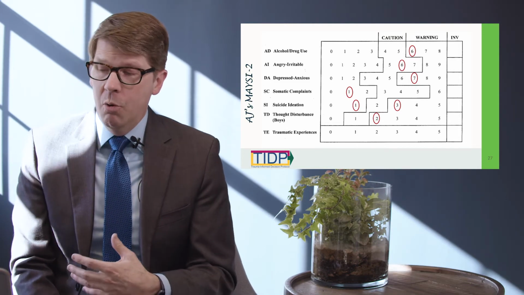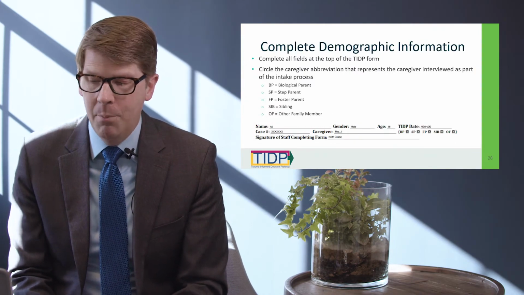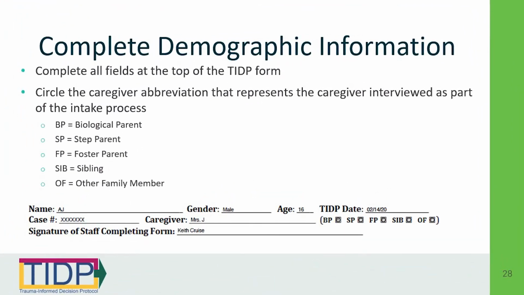The first thing that we're going to do is complete the demographic section, the demographic information up at the top of the TIDP form. It's pretty straightforward. We're, of course, putting in name, gender, age, the date that the trauma-informed decision protocol is being completed. There's a spot to reference an appropriate case number, and there's also an indication for you to identify if there was a caregiver informant that was relied upon to provide information that is integrated into the TIDP as well.